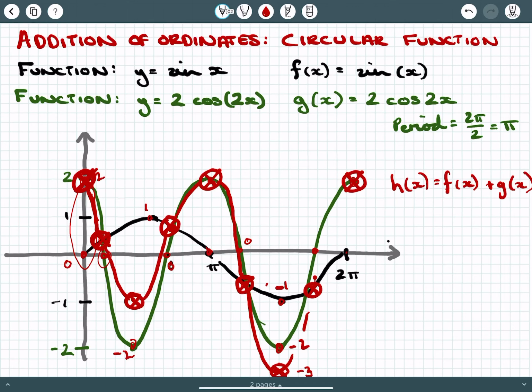Okay, so we can see, and I'll do it really bold so you can see it. It's quite messy. Addition of ordinates, if we're using it by actually adding the y-coordinates together, is not a really neat process, but you do get the result regardless. Okay, but you'd want this red graph h(x) as your graph.